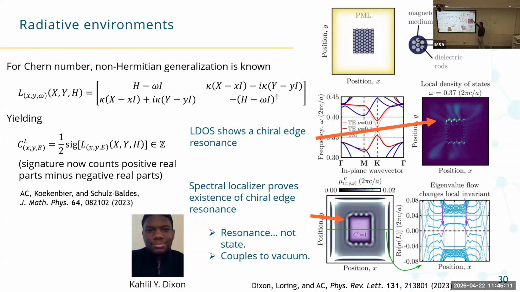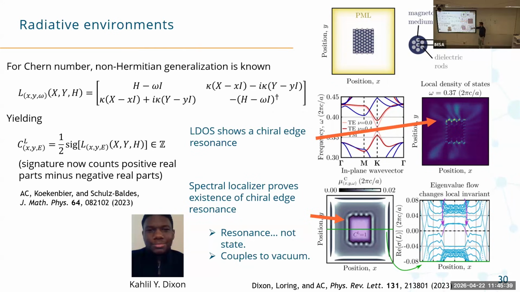And if you plot, say, the LDOS in the middle of your topological band gap, you see a chiral edge resonance. Not a resonance because it's going into the bulk in the middle, it's not, but it's shedding energy like crazy out to the boundaries, like air, it's radiating. Nevertheless, we can use this reformulation of the spectral localizer to rigorously say that the domain in the middle that you would expect to be topological is.